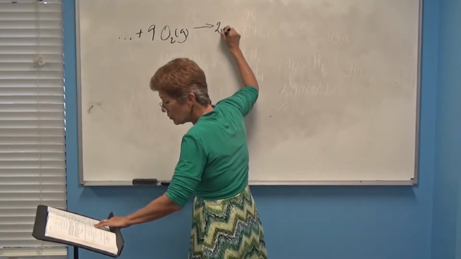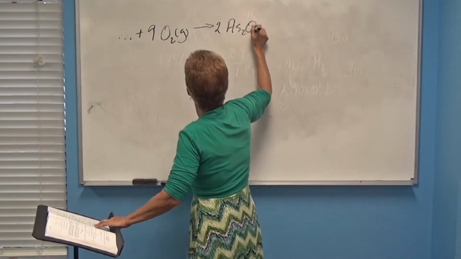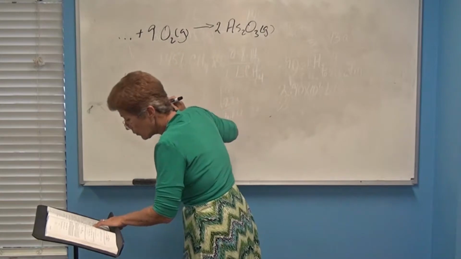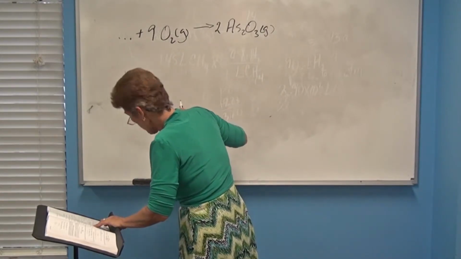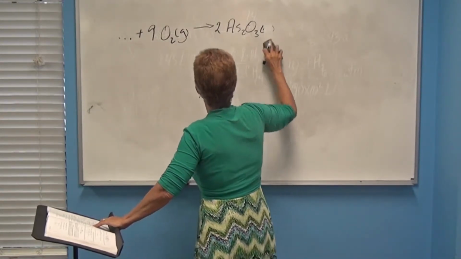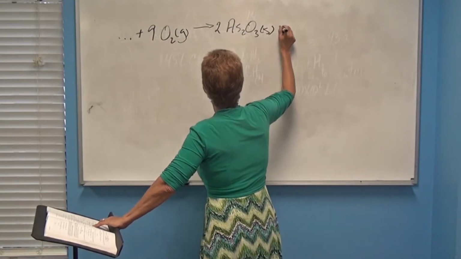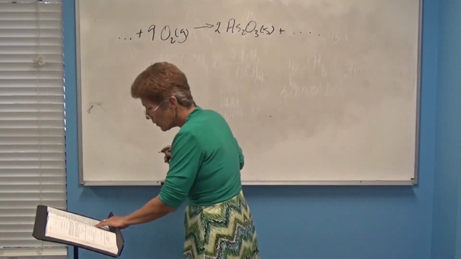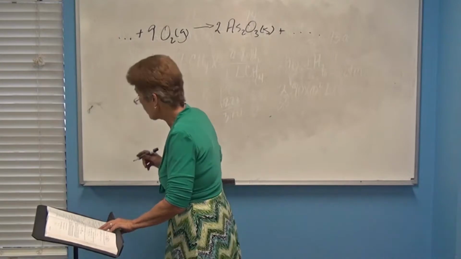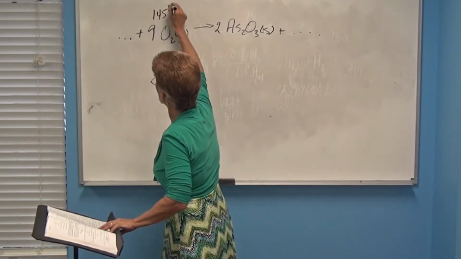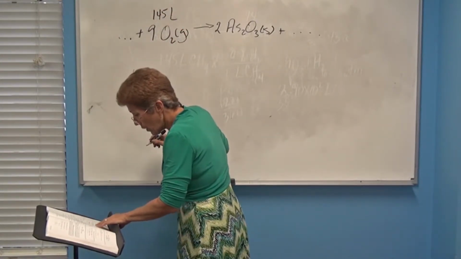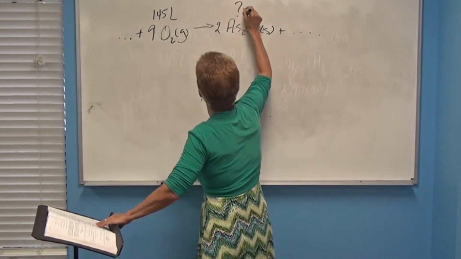And then we have 2. Whoop, that's a solid, I'm so sorry. Those are the 2 players that we have. We have 145 liters of this, and we want to know how many grams of this.